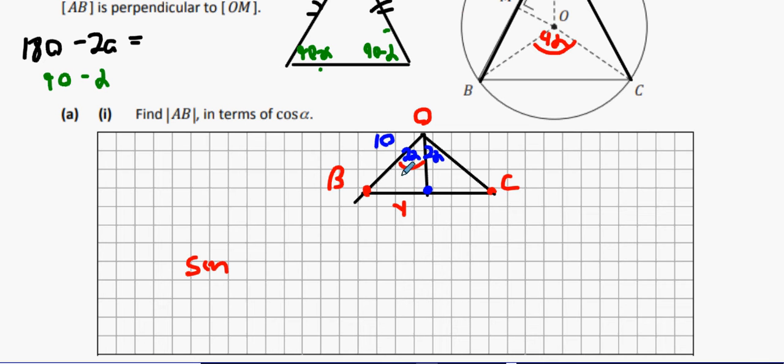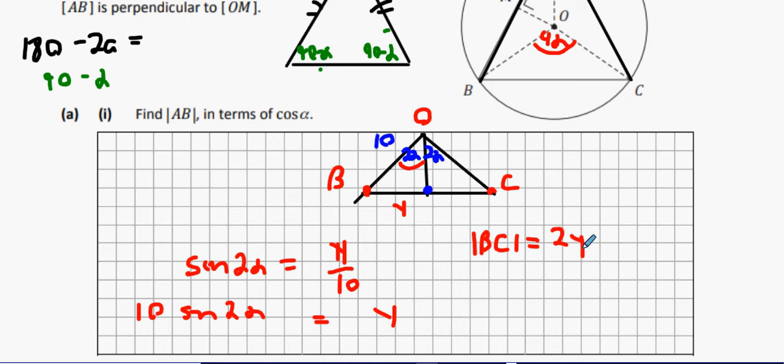Opposite 2a is y, so sine 2a equals y over 10, and then y equals 10 sine 2 alpha. Now BC therefore is double y. BC is 2y. This implies that BC is 20 sine 2a.